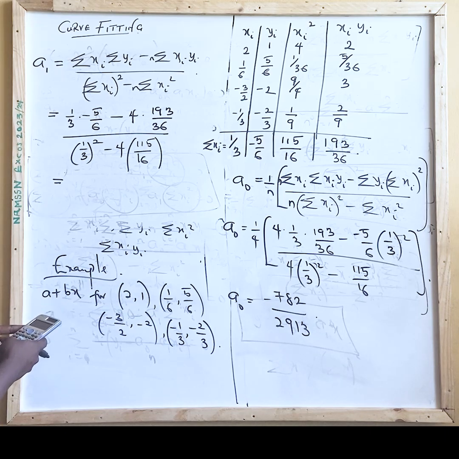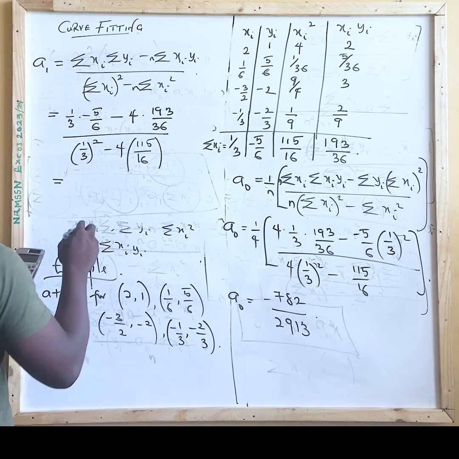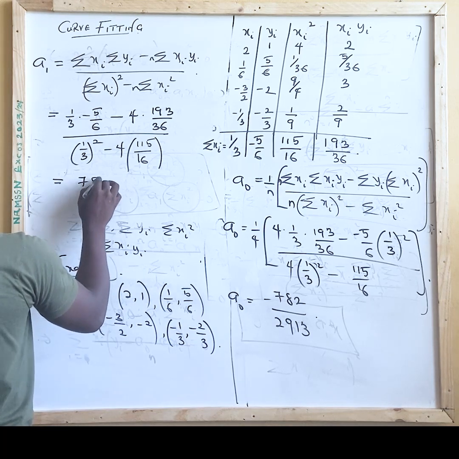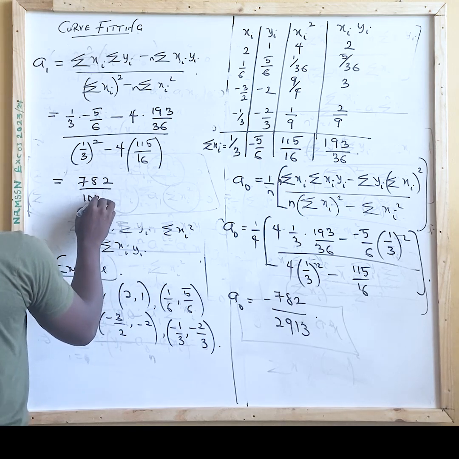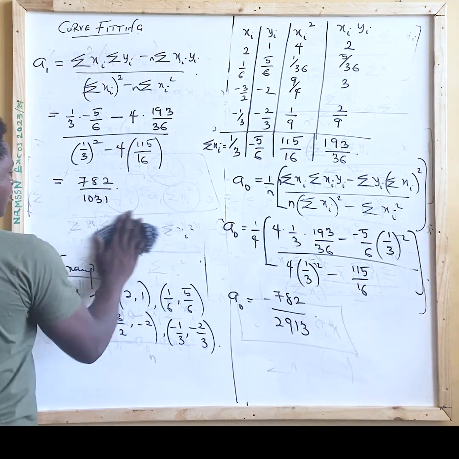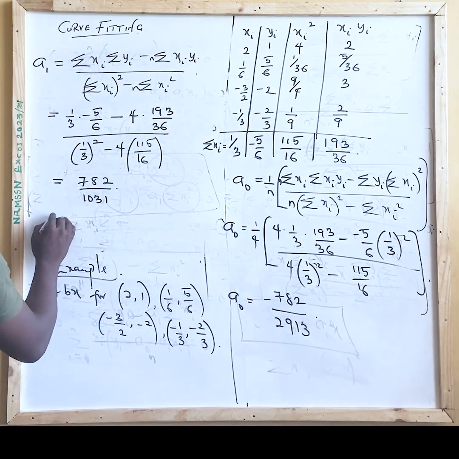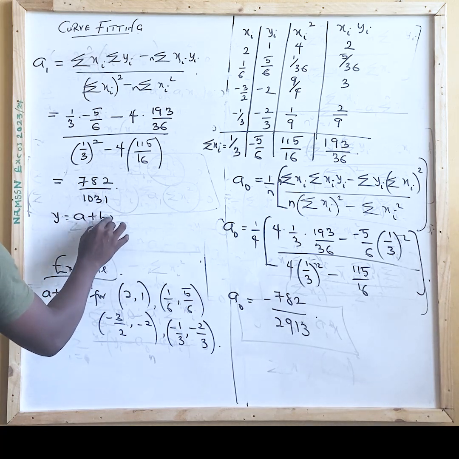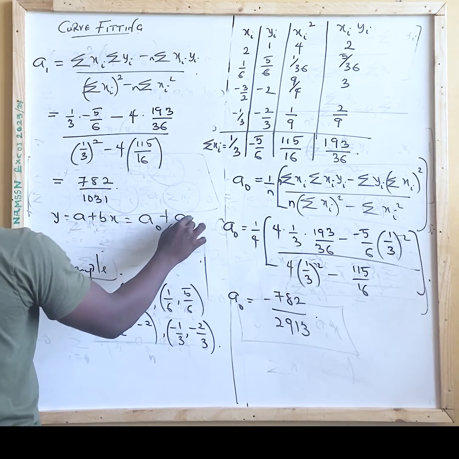So using our calculator, we get 1 over 3, or better still, minus 5 over 18, minus 193 over 9, everything over 1 over 9 minus 115 over 4. So our answer here is 782 over 1031. Remember, we said we want to fit it to a polynomial of the form a plus bx. So our y is equal to a plus bx, or better still, a naught plus a1x.